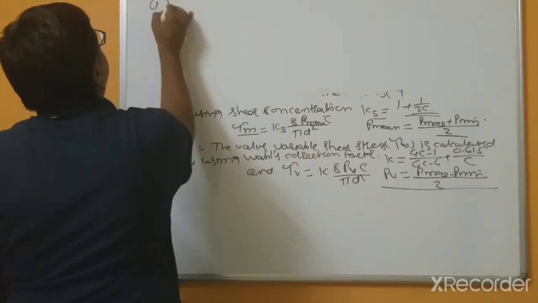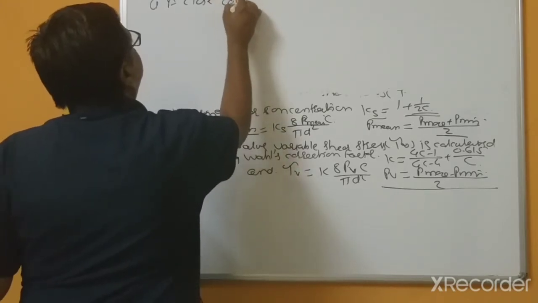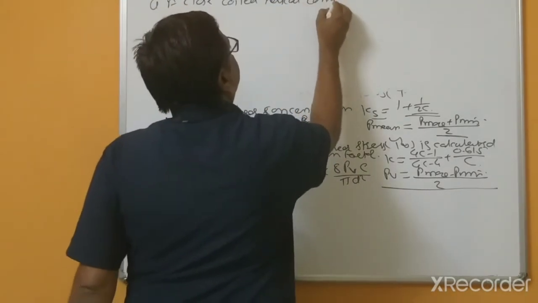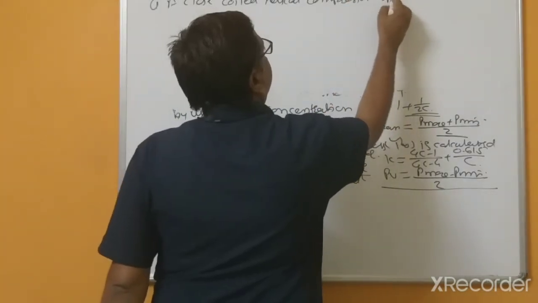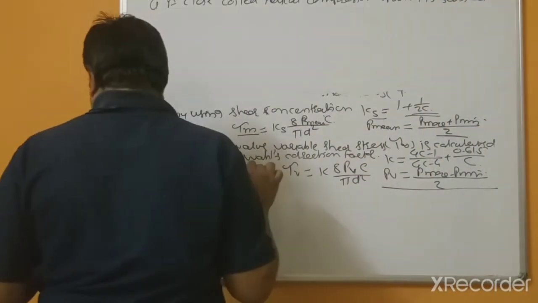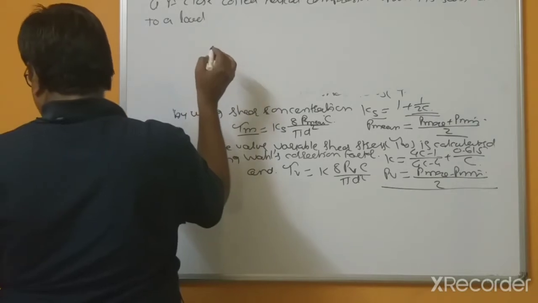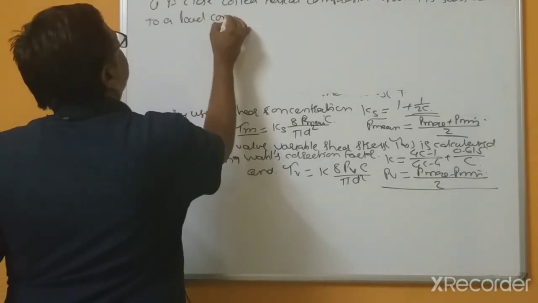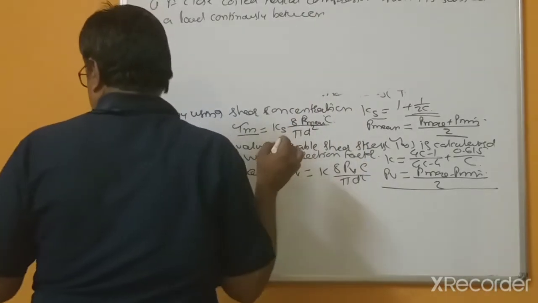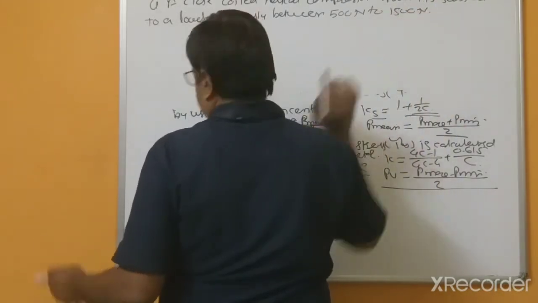A closed coil helical compression spring is subjected to a load varying continuously between 500 Newton to 1500 Newton.